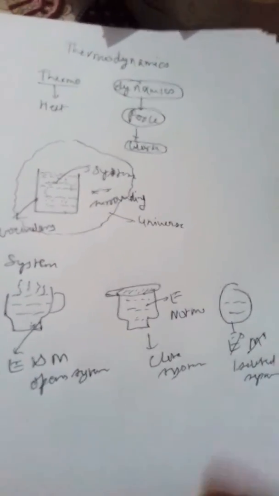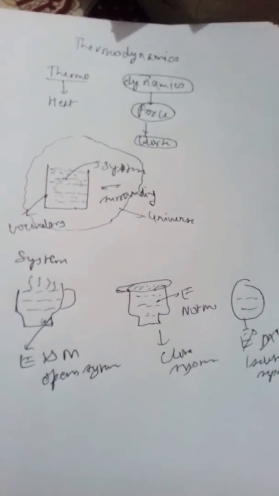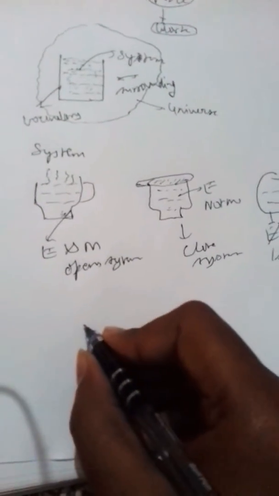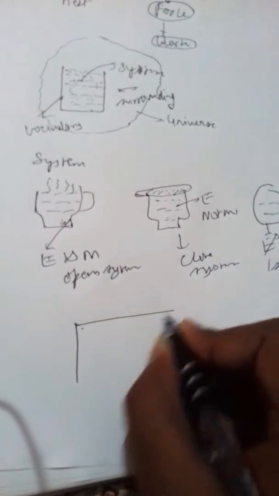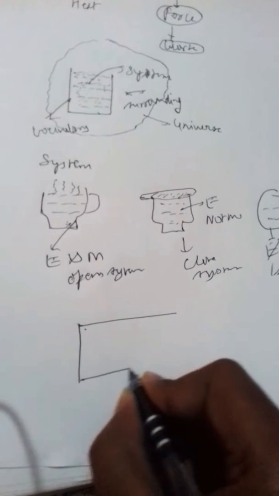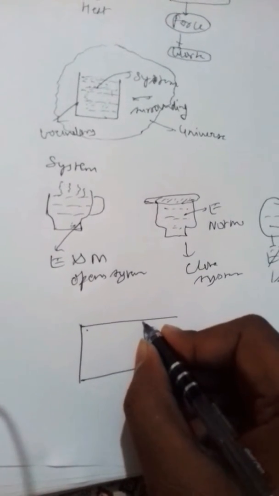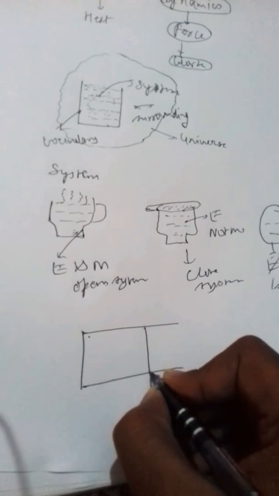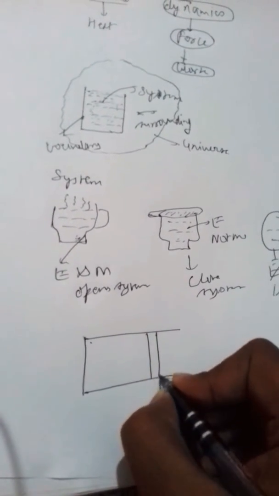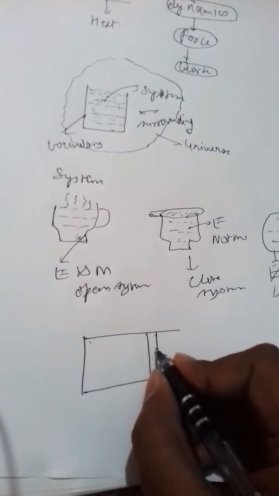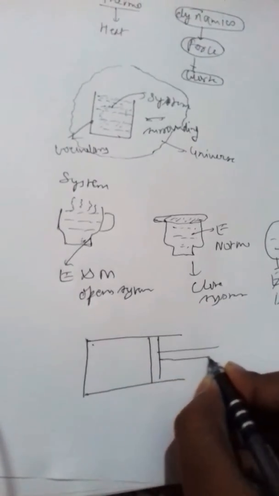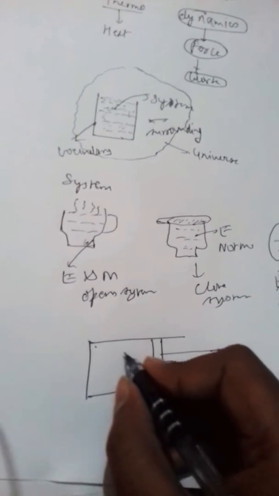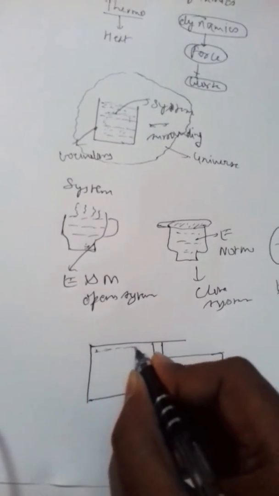Now every time I'm repeating the word boundary over here, let us see the types of boundary. Let us see a piston cylinder arrangement. On the basis of movement there are two kinds of boundaries.